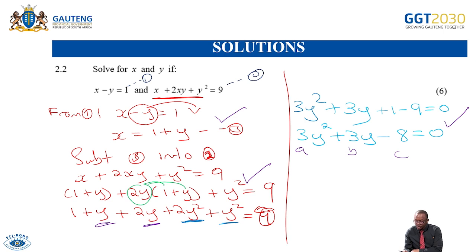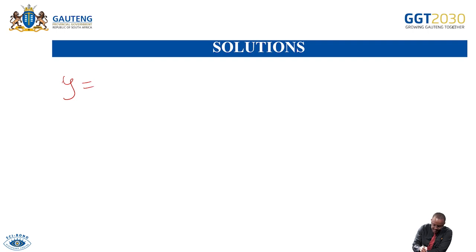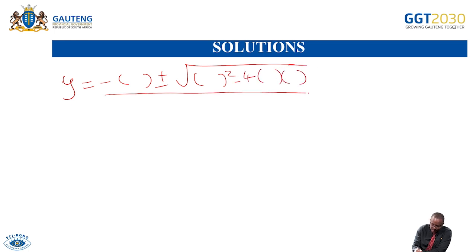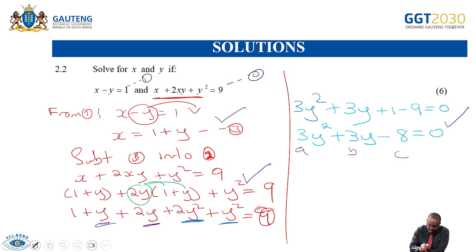Then in that case, we know that we are going to use our magic formula, the quadratic formula. So now we are solving for y: minus b plus minus the square root of b squared minus 4ac all over 2a. So now let's see, what do we get there?